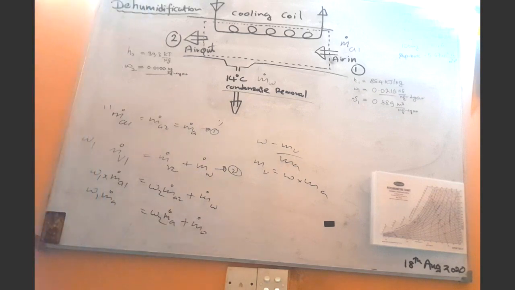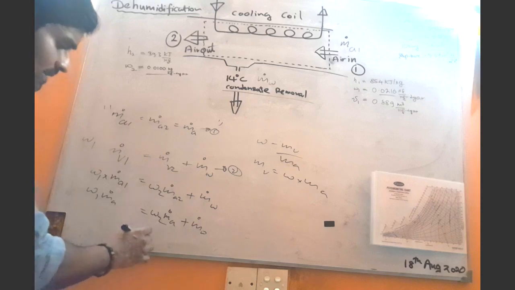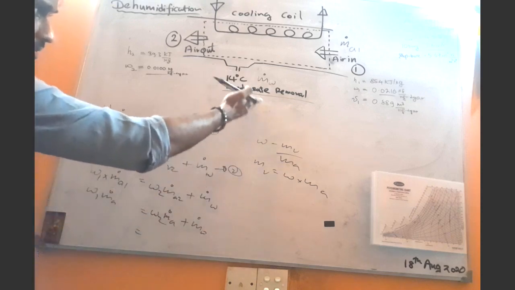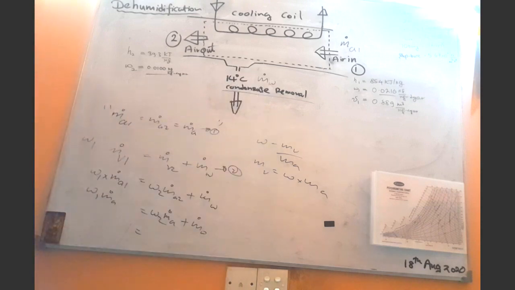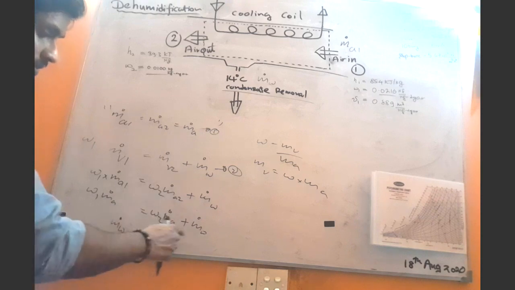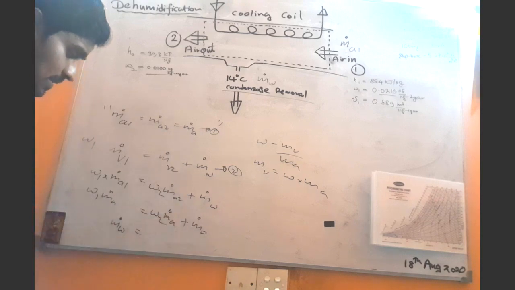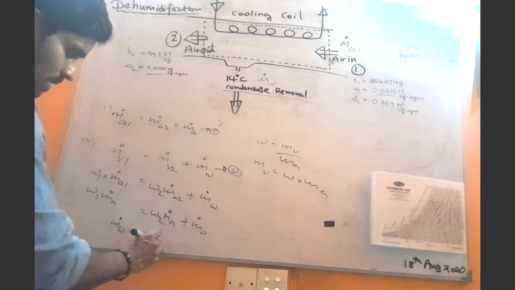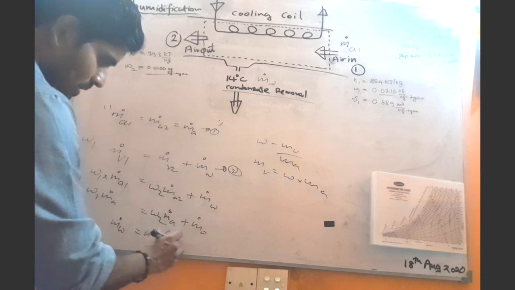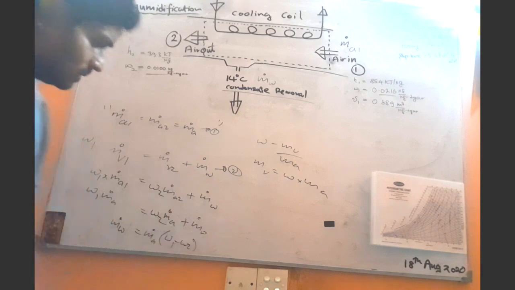Got the point? So now we can subject the mass flow rate of the condensate. What is mw dot? If I subject this mw dot, it will be very easy: ma dot times omega 1 minus omega 2.